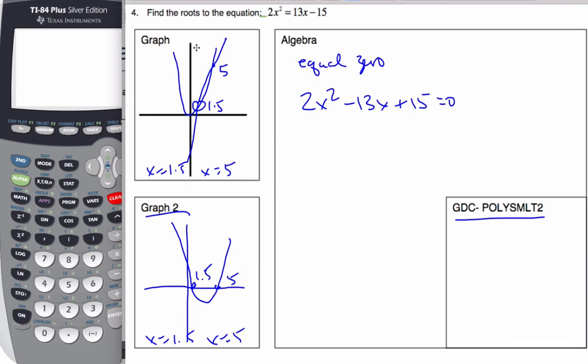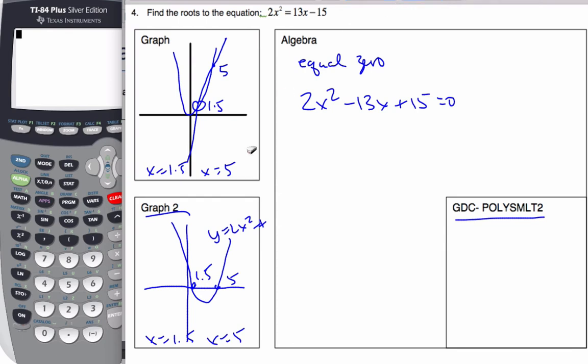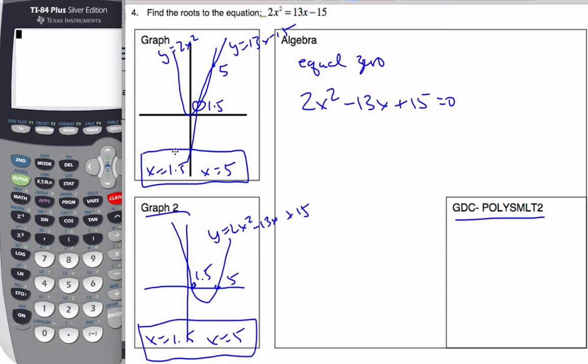I forgot to do it here, but I should label what I've graphed. This one I should say y is equal to 2x squared minus 13x plus 15. The other I should say y is equal to 2x squared, and y is equal to 13x minus 15. And as you can see, both of these graphs produce the same solution. So either way is okay.